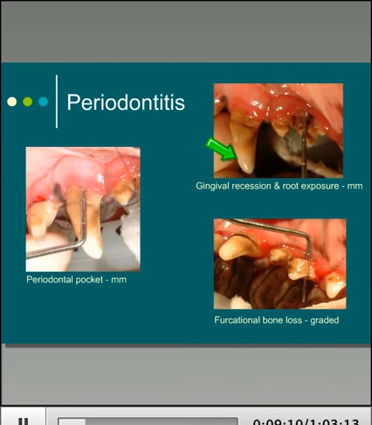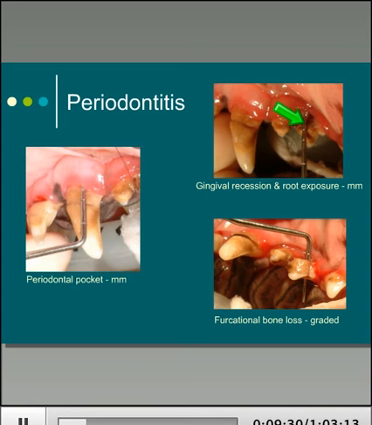Whereas with our gingival recession, we can see where our new receded gum line is. It's here, and we measure from there to where our cemento enamel junction is, the CEJ, and we get a millimeter recording between the two.